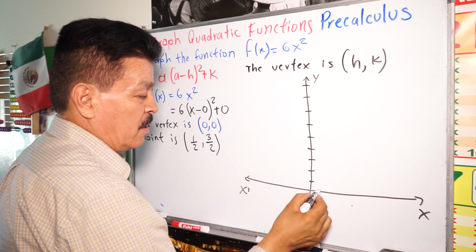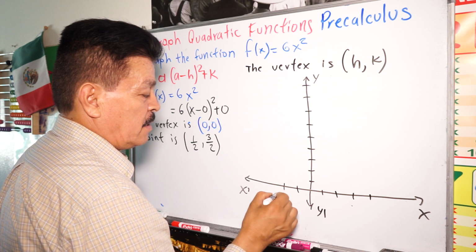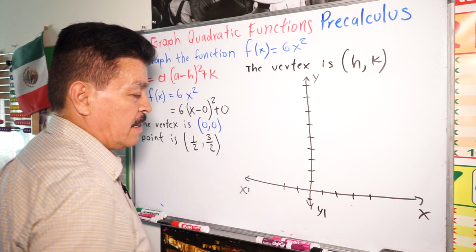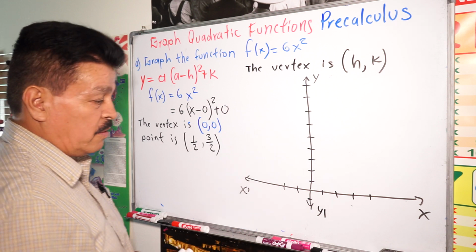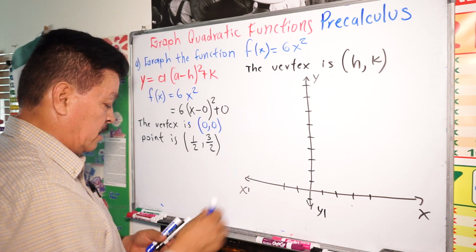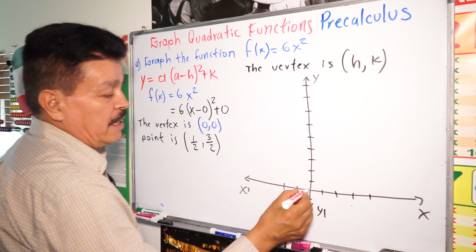That's enough. We don't need negative numbers here. So the vertex of our graph is 0 right here.